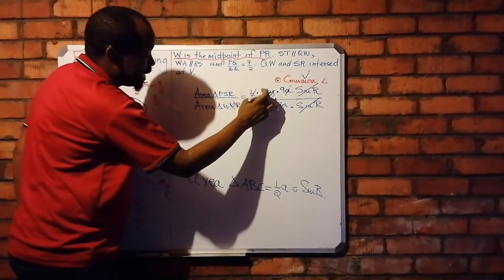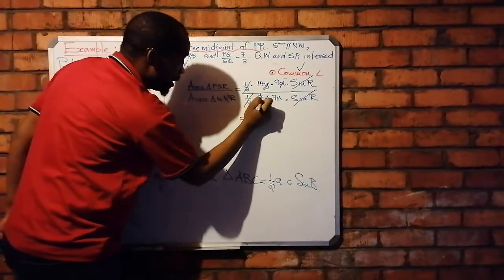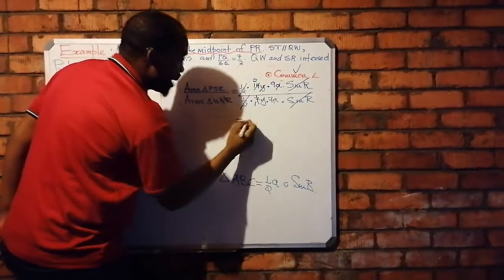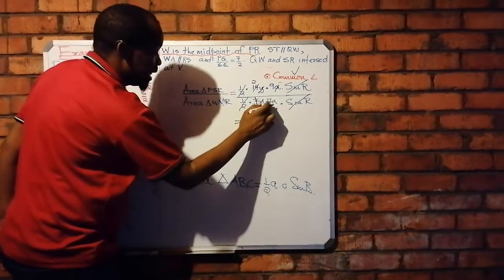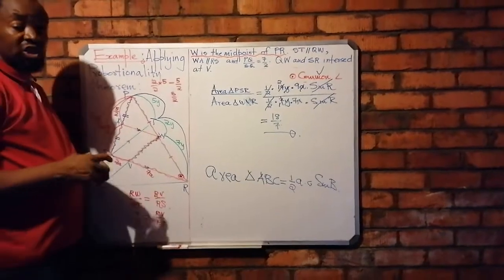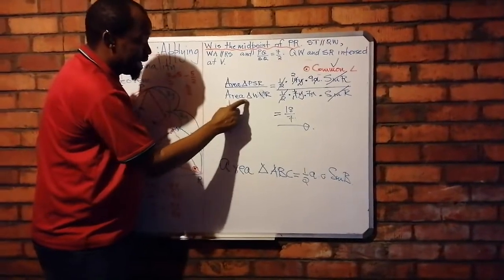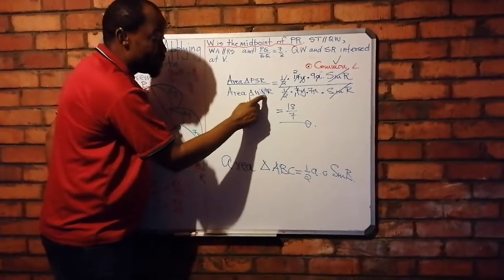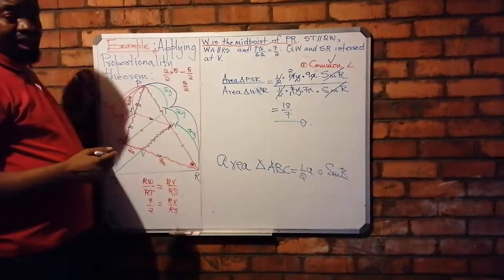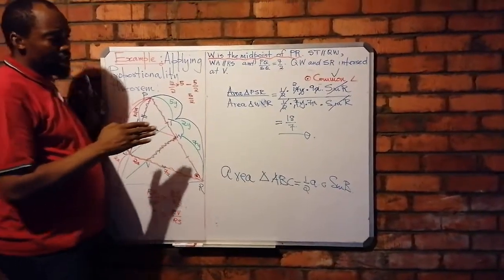In 14, there are 2 7s. 7 goes once, 7 goes twice. 2 times 9 is 18. There we have 7. Beautiful. The ratio of triangle PSR to triangle WVR is 18 divided by 7. That is the application of the proportionality theorem.